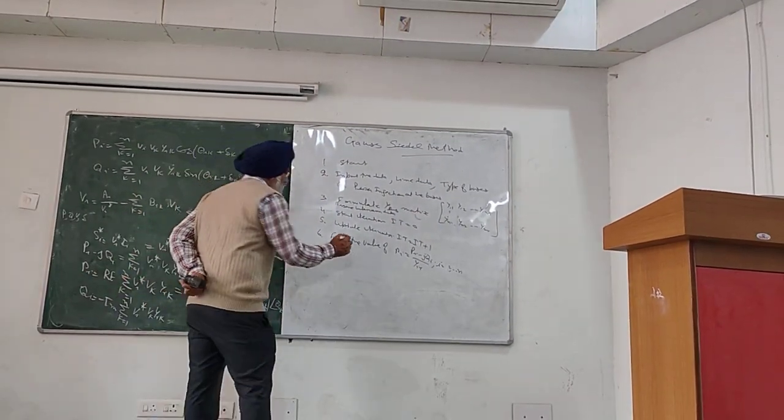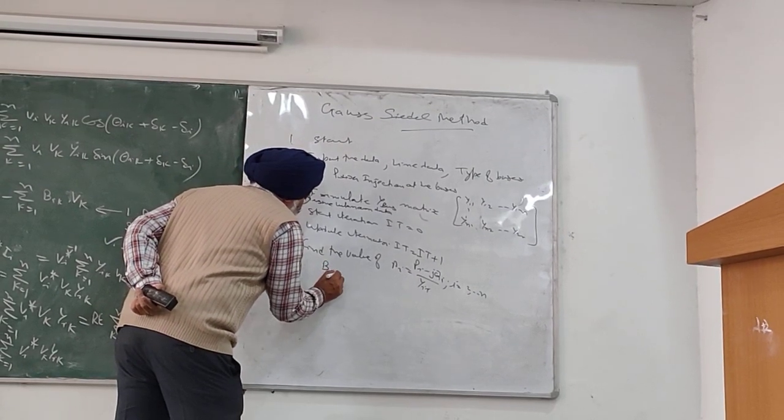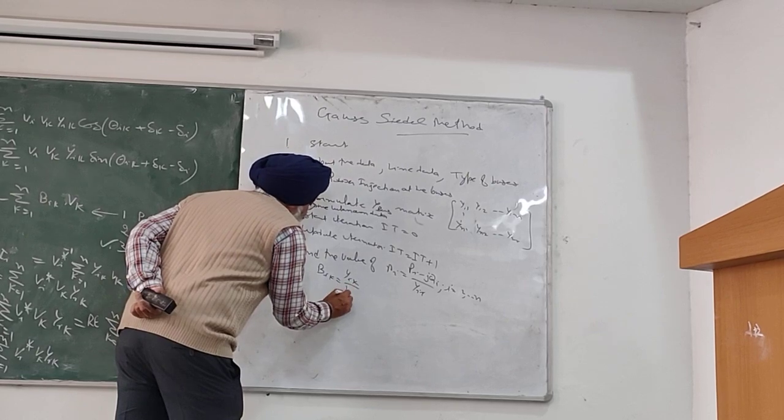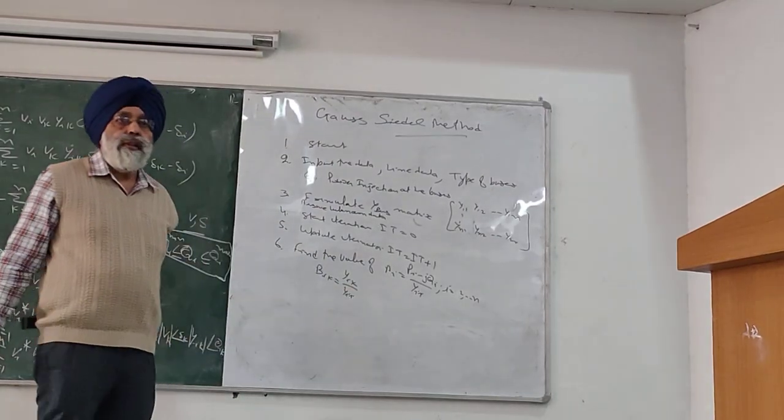Then BIK, which is YIK divided by YII. Okay?